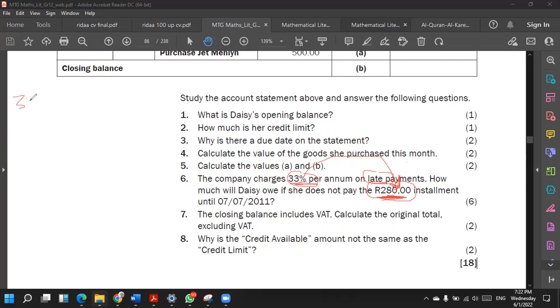So what's 33% times 280? It will give us 0.33 times 280, which means 92.4.